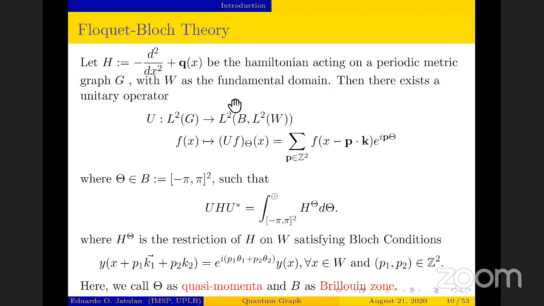So following some terms from physics, we call this theta our quasi-momenta, and B the Brillouin zone. This B here we call our Brillouin zone. It is from negative pi to pi squared. So this one is a square with side negative pi to pi.